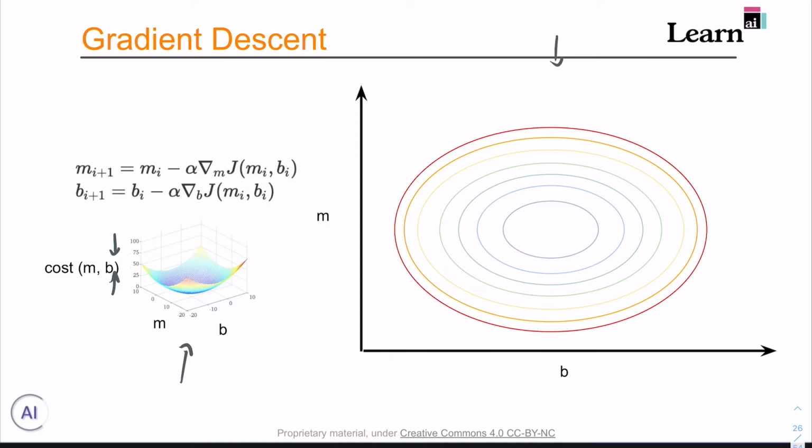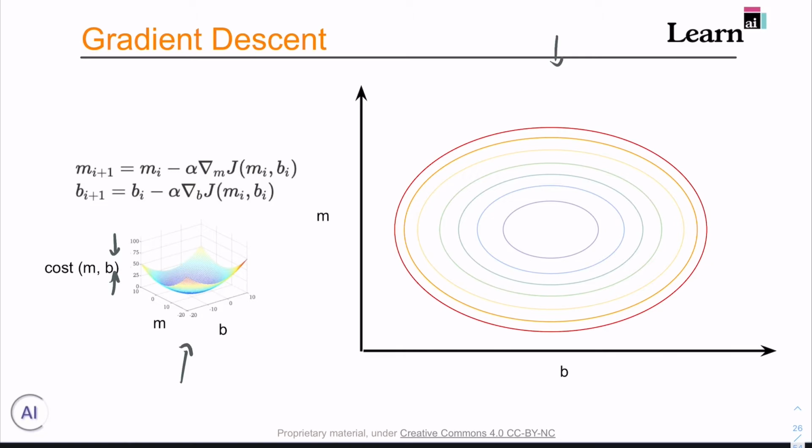Let's take a look at this M update first. I'm going to reiterate what we covered a couple slides ago. We're taking the previous value of M and subtracting the gradient times alpha, and we'll talk about alpha in a second. Alpha is called the learning rate, and it defines the step size we take, but that's not important for now.